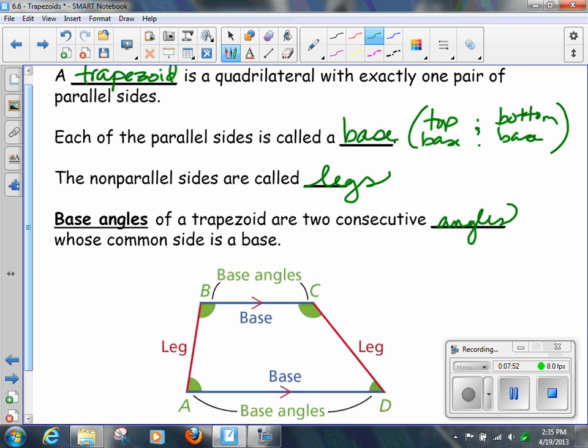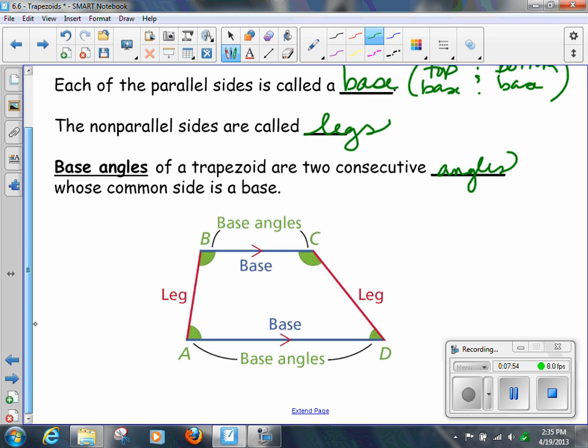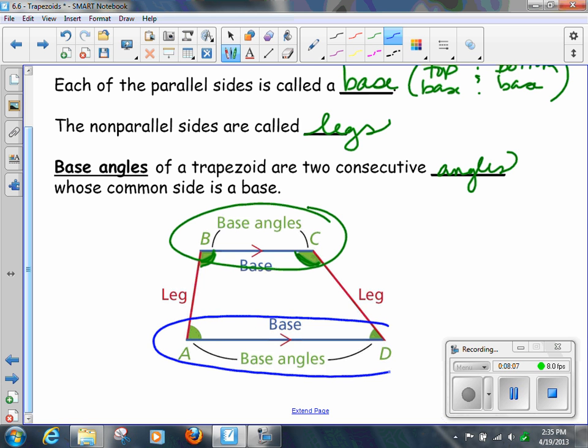So that means you've got one set of base angles here at the top, here in green, okay? And then you have your bottom set of base angles at the bottom. Oh, that would be at the bottom, wouldn't it? Bottom set at the bottom.